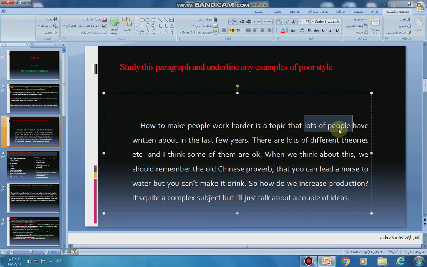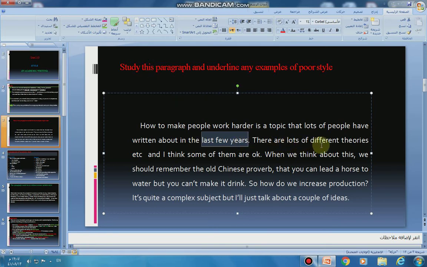Lots of people is too general an expression. You don't know how many people have written on this, and there isn't even one example. Then, in the last few years, which years? 10 years ago, 3 years ago, 100 years ago?